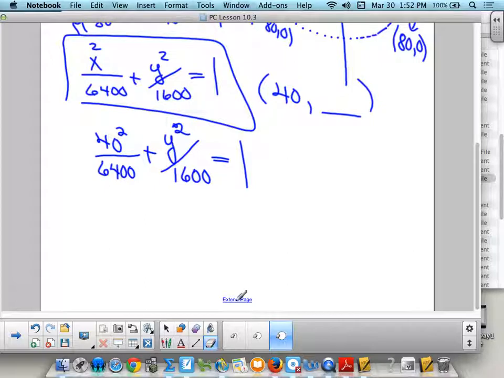Hang on, let me see what you do. Okay, good. Then you went... Perfect. Then you did what? Multiply each side by 1600, so it's just y squared. Oh, hang on. Watch this. See if it's multiply both sides.